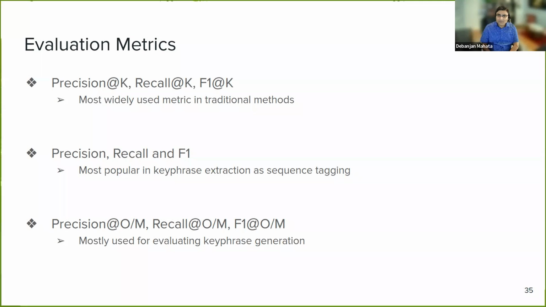Precision, recall, and F1 are also popular for key phrase extraction when we treat the problem as a sequence tagging problem. Then there are two other methods widely used in key phrase generation, which are precision, recall, and F1 at O and M.